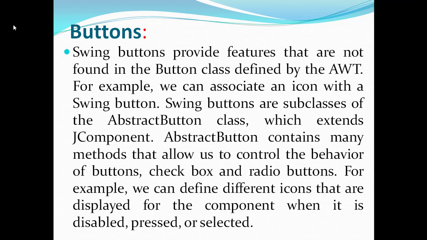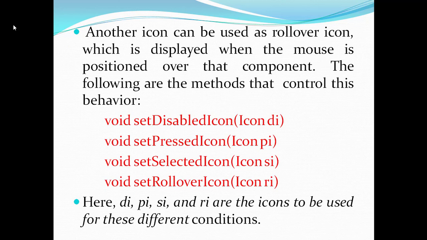AbstractButton contains many methods that allow us to control the behavior of buttons, checkboxes, and radio buttons. For example, we can define different icons that are displayed for the component when it is disabled, pressed, or selected. Another icon can be used as a rollover icon, which is displayed when the mouse is positioned over that component.